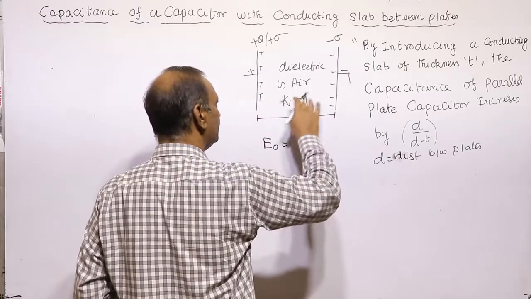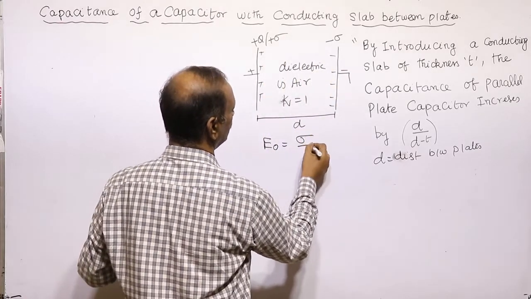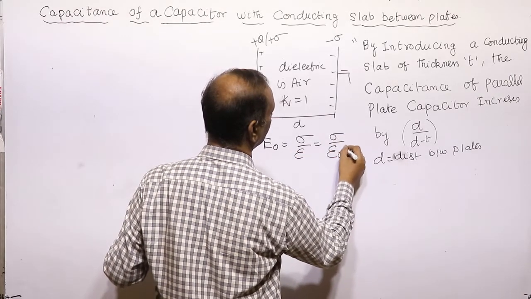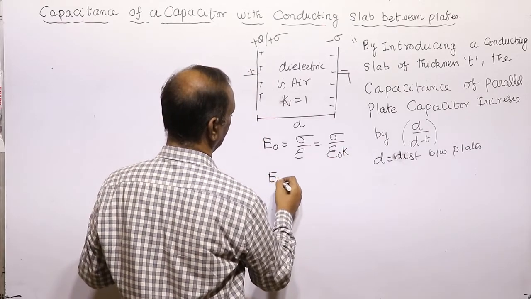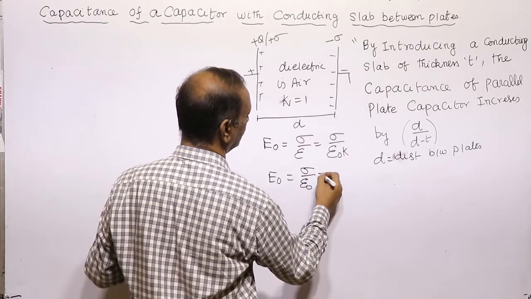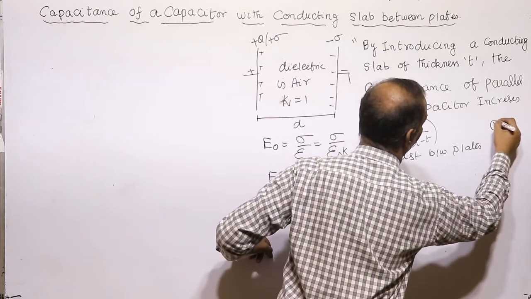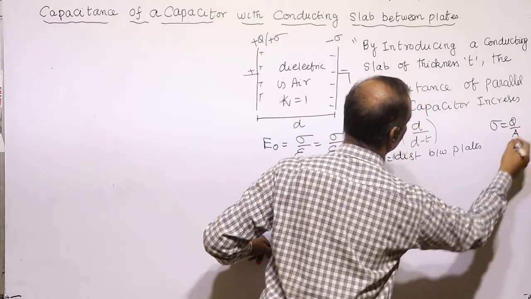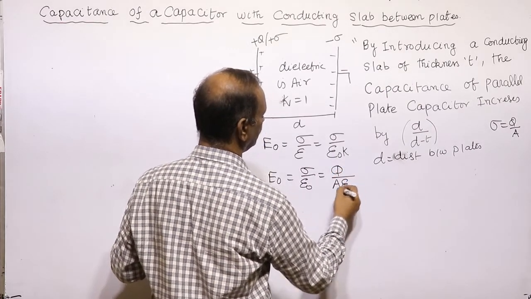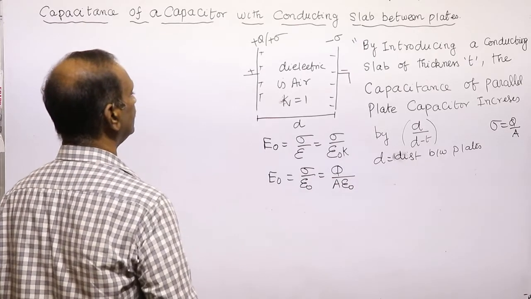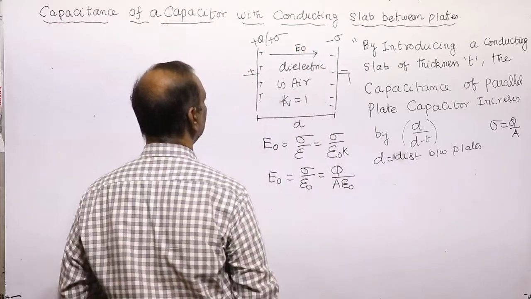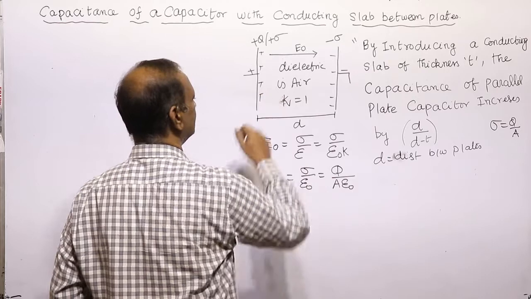That is the electric field between the plates, equal to sigma by epsilon, which is sigma by epsilon naught into K. Since K is equal to 1, this is sigma by epsilon naught, where sigma is equal to positive charge divided by area, so the field is positive charge divided by area into epsilon naught. This is the electric field inside, between the plates, with air as the dielectric.